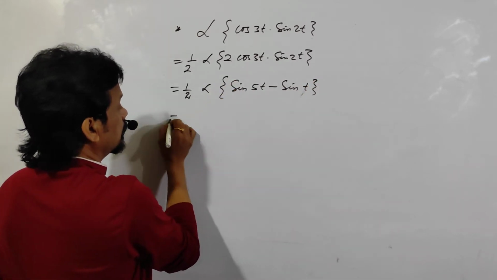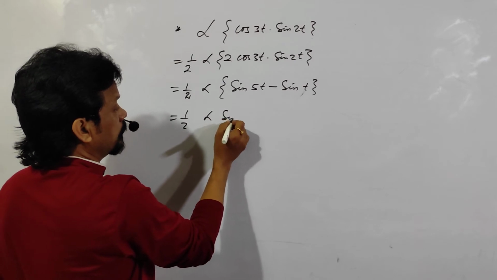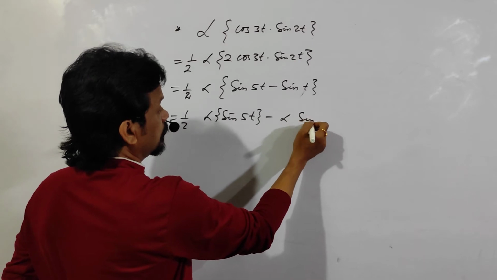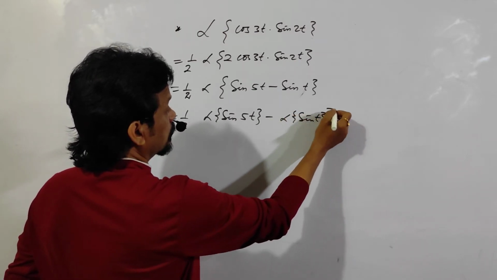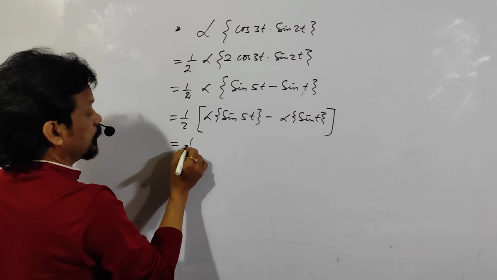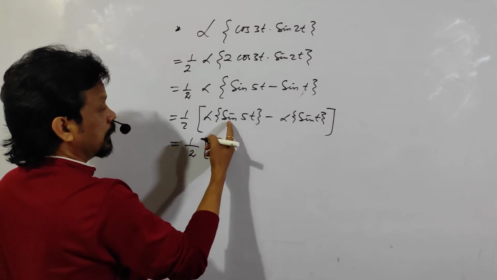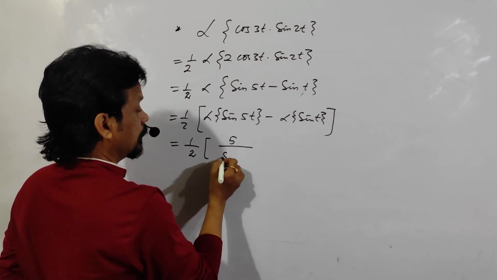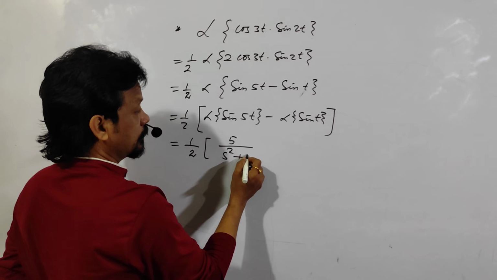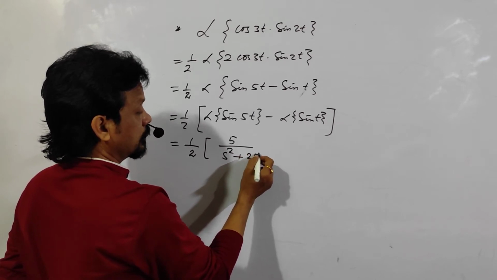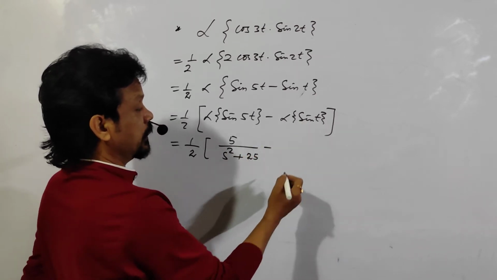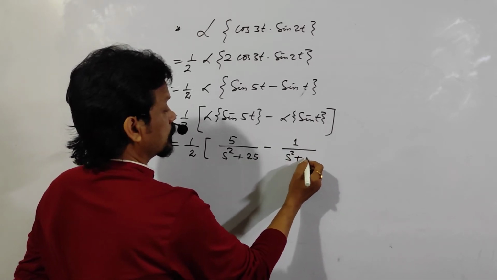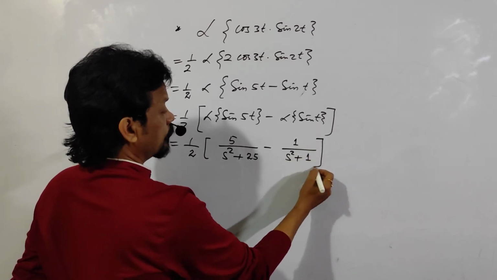So this is the formula, and 1 by 2 Laplace of sin 5t minus Laplace of sin t. One by 2, 5 by s square plus 5 square, 25, minus this is also sin t, that means here a is 1, 1 by s square plus 1. So this is your answer.